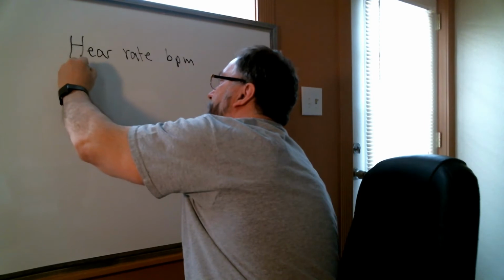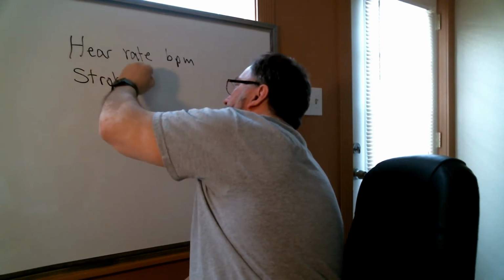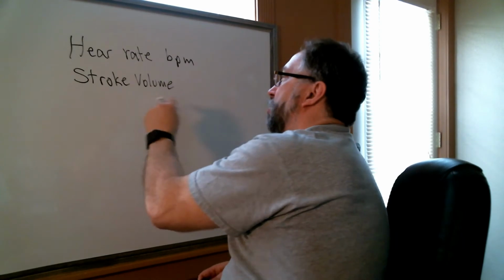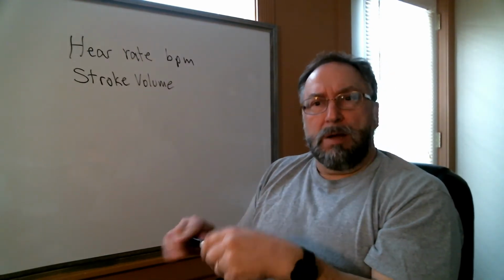And we got stroke volume. I'm guessing you probably learned this last semester, but stroke volume is how many milliliters were pumped out of the left ventricle with each beat. Right, so that's how many milliliters you pump out.